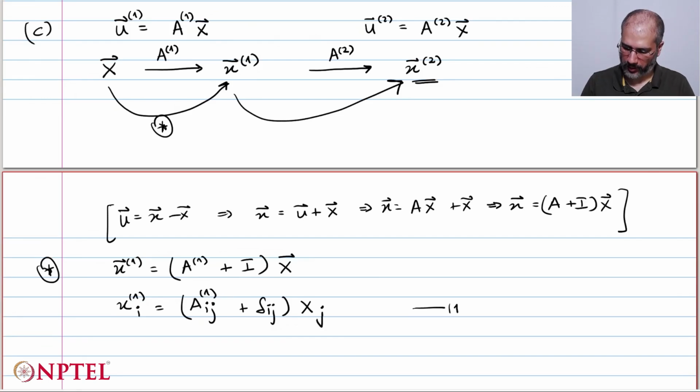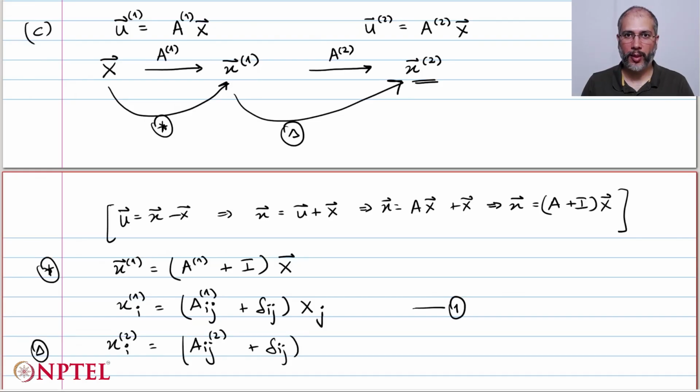So this we'll call 1. And now we apply the second deformation. So x2_i is (A_ij^2 plus delta_ij) times, now this started from x1, small x1, so we have a small x1_j here, and this we'll call 2.